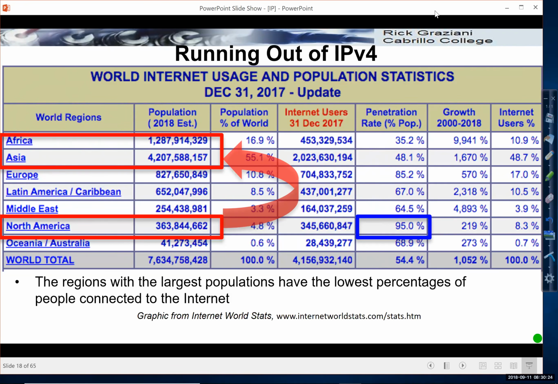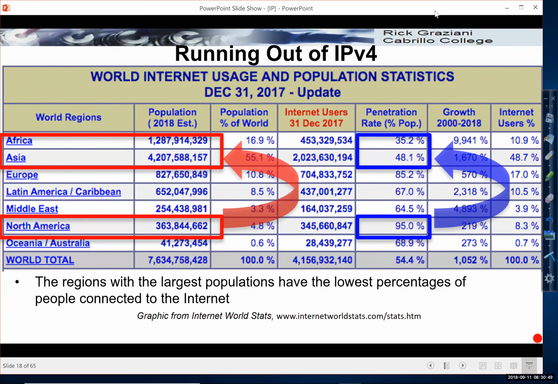Well, you look at the United States, for just under 5% of the world's population, we're fine. We're at a 95% internet penetration rate, meaning we're fine with how many of our devices currently need to have IP addresses, although this is changing with the Internet of Things and many other things, but we're pretty well off as far as IPv4. But you look at other parts of the world, they're just getting on to the internet.